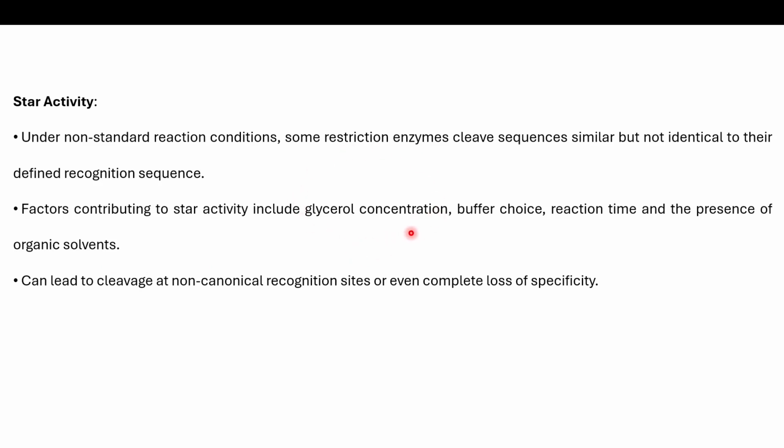So glycerol concentration: mostly all the enzymes are stored at minus 20 degrees Celsius or minus 80 degrees Celsius for day-to-day lab activities. Okay, and these are kept in buffers containing a high percentage of glycerol, like 50% glycerol.